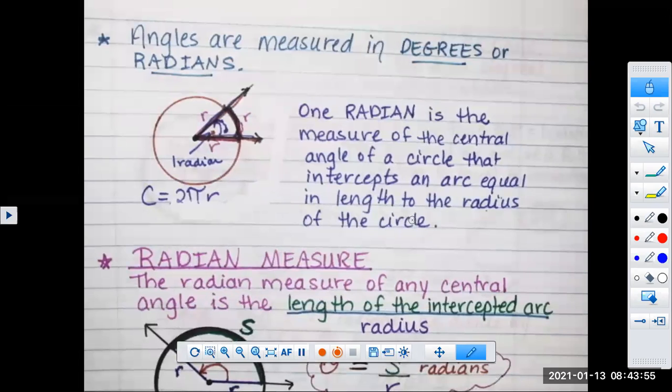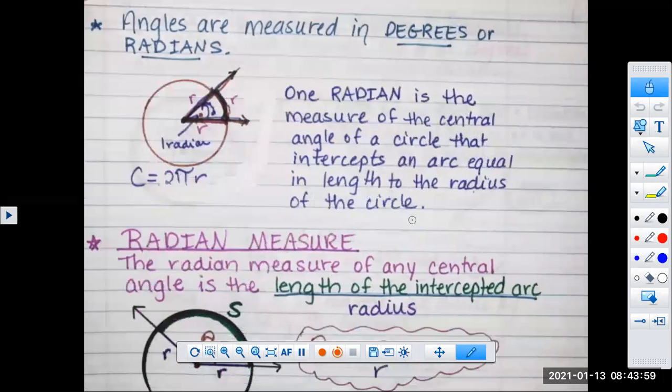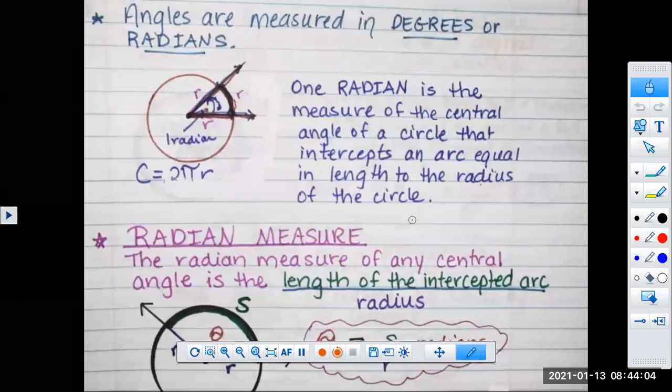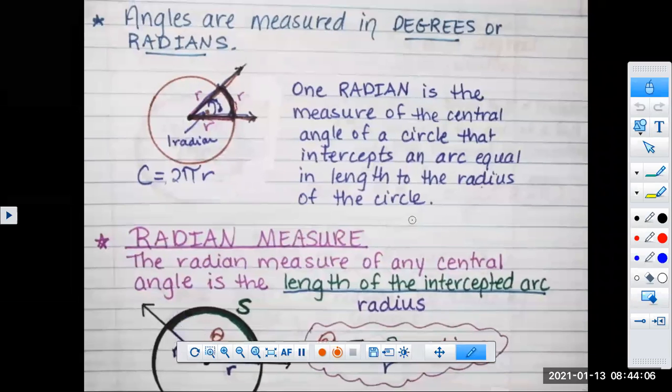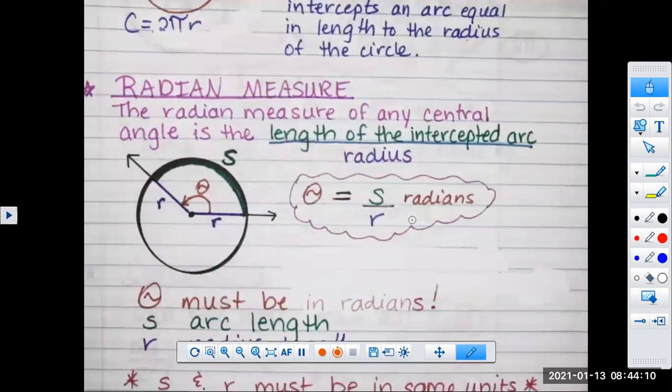Okay, the next thing I'm going to show you is a small formula on how you can get radian measure. And really all you need to do is write down what I have underlined and what's in green, and you can draw that circle if you want to, but definitely write down this.